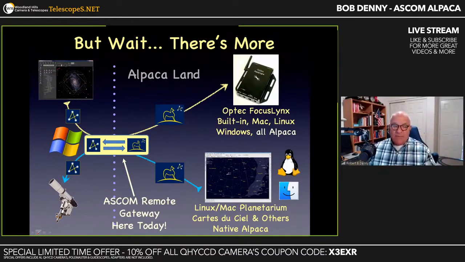So this thing here exists today and more, which I didn't want to muddy the waters, but right now there are two ways that you can get from a program on Windows to use a device that is speaking Alpaca. For example, the Optec focus links right now runs Alpaca.